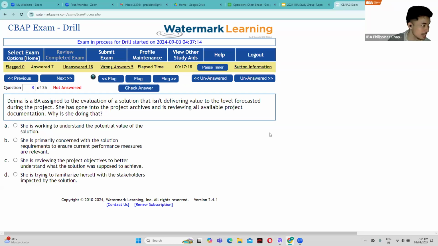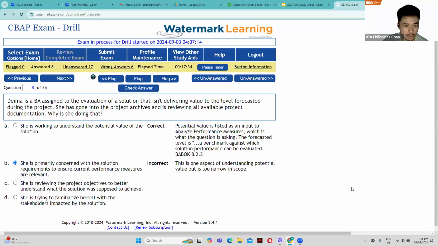Okay, thank you, Moses. Moses says B. She is primarily concerned with the solution requirements to ensure current performance measures are relevant. Okay, so let's try that out. And that is incorrect. So this is one aspect of understanding potential value, but the scope is too narrow.